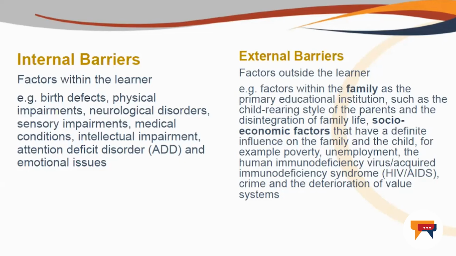And so we need to be mindful of how these external barriers influence how children in these contexts learn. And then also factors such as crime and the deterioration of value systems. Now, at the moment, the one massive external barrier that is confronting our schools is the COVID-19 pandemic. And so we can add all the factors associated with the pandemic as a huge external barrier right now.